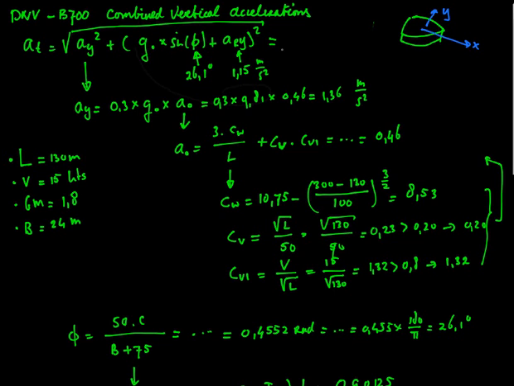If you fill this all in, we get something like, at least I got that, 5.63 meter per second squared, and it's quite an acceleration. Okay, so follow these steps to calculate your combined vertical acceleration according to DNV. There are other ways to do it, but this is the DNV way. Thanks for watching.